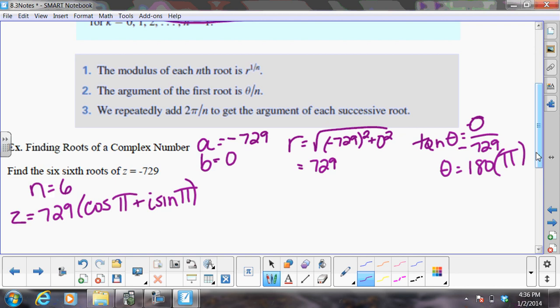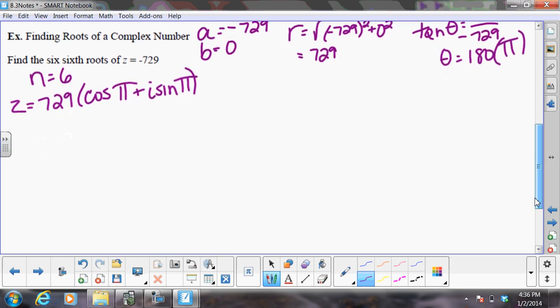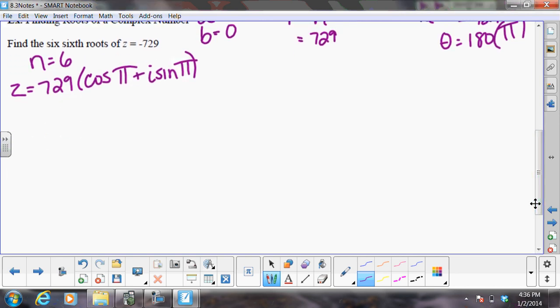But if I wanted to know what w of k is, so I want the sixth roots, so I want all 6 roots. So it's 729 to the 1/6. So I'm taking the 6th root of it.